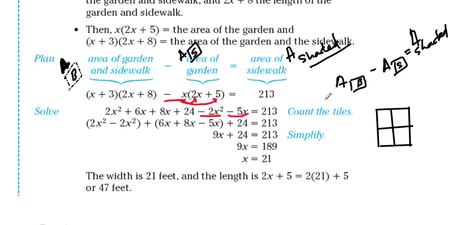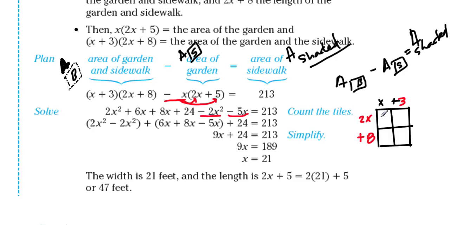You have x plus 3 and 2x plus 8, and we make that red.